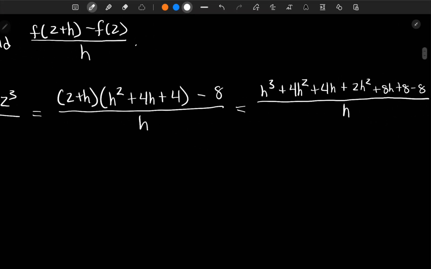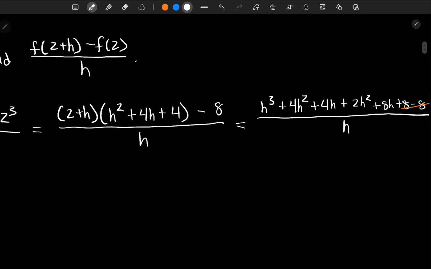So immediately we see that these 8's cancel, and we can combine some terms. Moreover, each of the remaining terms all have an h in them, as the two 8 terms here, which had no h's, canceled. So we can further cancel this h with one h from each term.